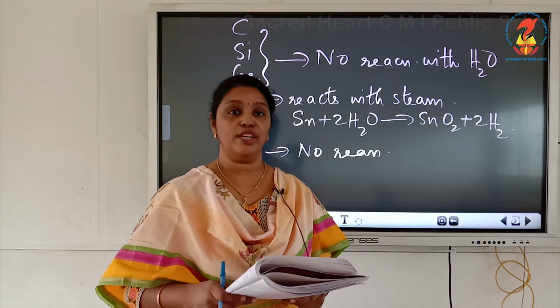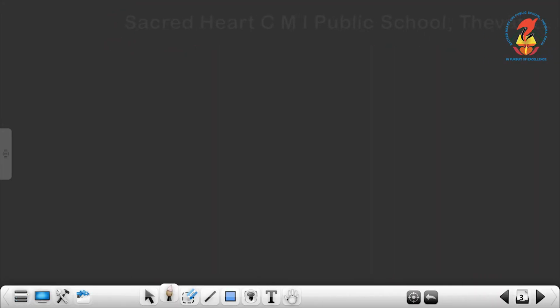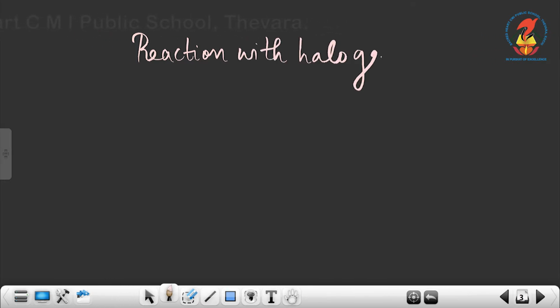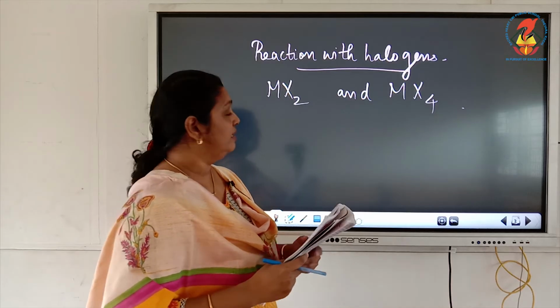Now, let us see the reaction of group 14 with halogens. Group 14 elements form two types of halides, that is dihalides with general formula MX2 and tetrahalides with general formula MX4. Now, there is a question here.